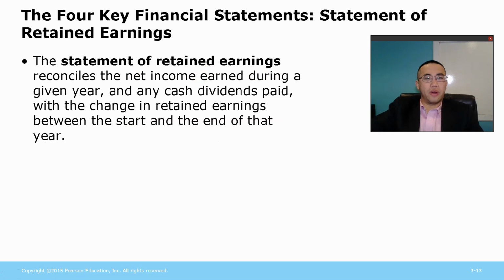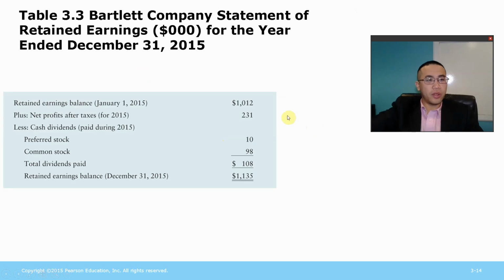So basically, retained earnings is years and years of savings of net income after dividends. So this is something I repeated here. You have retained earnings from last year, or at the beginning of this year, and then you add the net income and deduct the dividends to get retained earnings at the end of this year.